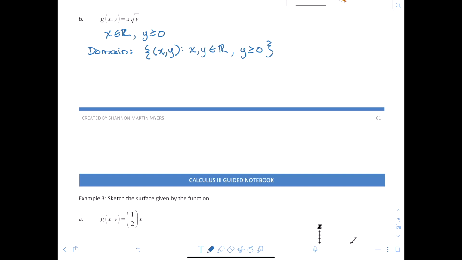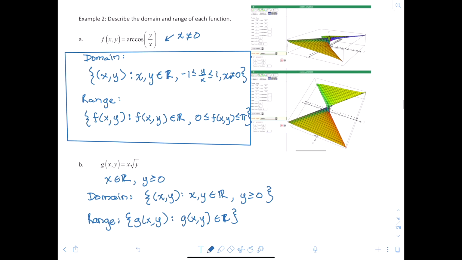So therefore, the range will be g at x and y such that g at x and y belongs to the real numbers. Cool, cool? Okay, and I'll let you graph that one on your own.